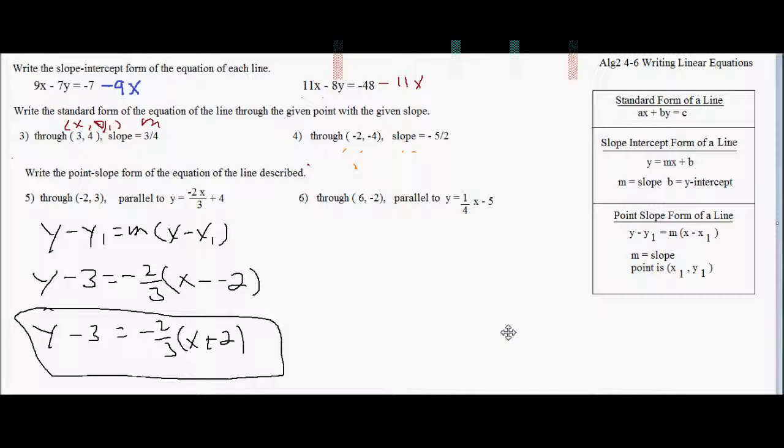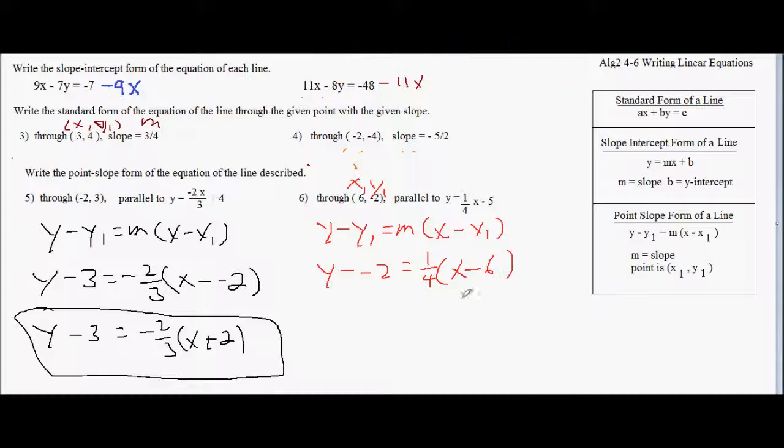Nothing to it. Okay. So this last one, red. So y minus y1 equals m times x minus x1. So y minus y1, this is x1, y1. So y minus minus 2 equals 1/4 times x minus 6, right?